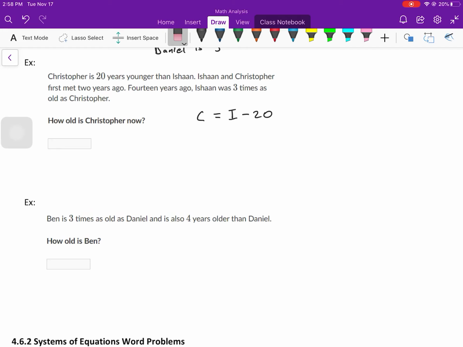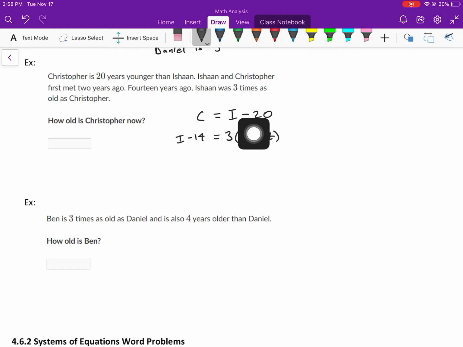So let's see, Christopher 14 years ago. Well, let me think of it this way. Ishan 14 years ago was 3 times the age of Christopher 14 years ago.